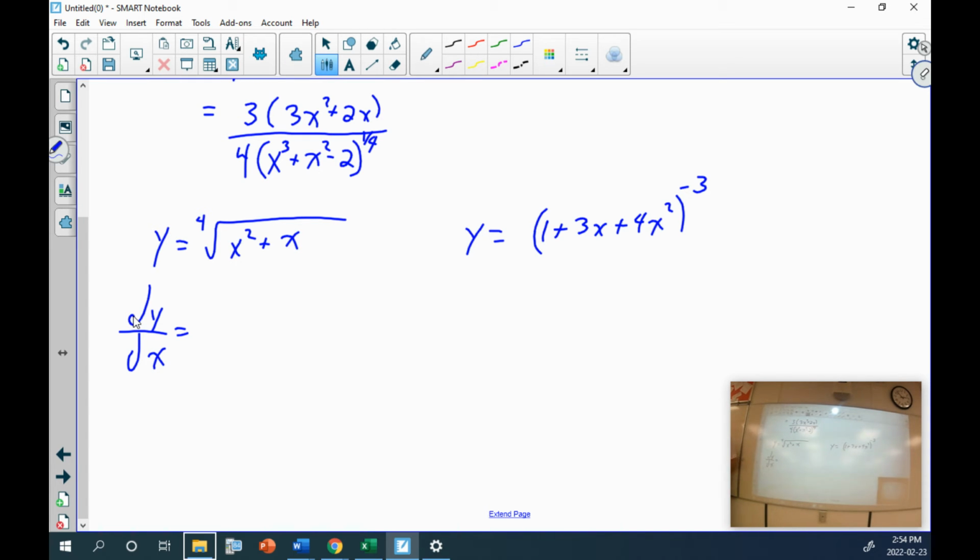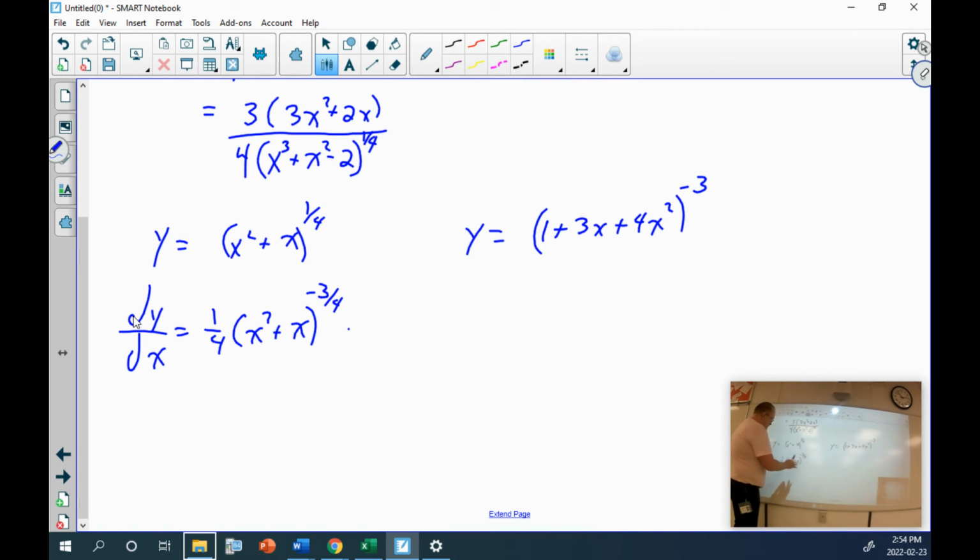Everyone done the first one? So Sean, what did you get? What did you put in for your first step? First step, took the radical and put x squared plus x. Next step after that? Yeah. 1/4 times x squared plus x to negative 3/4 times 2x plus 1.